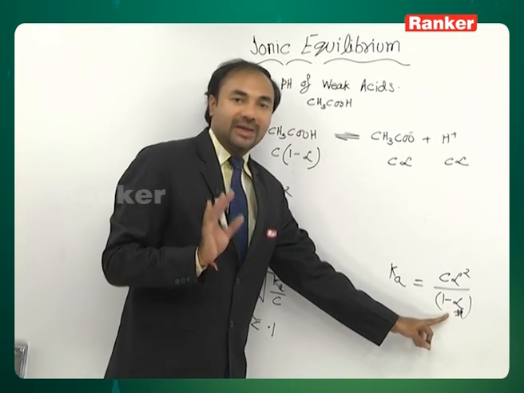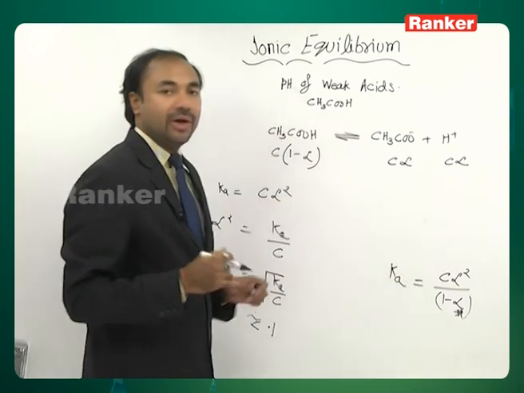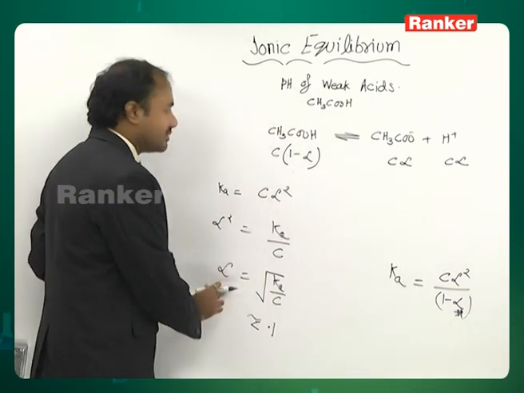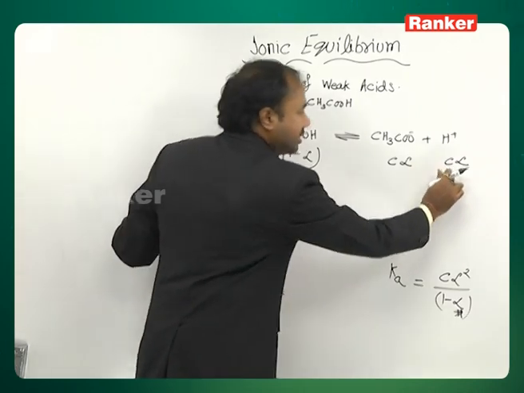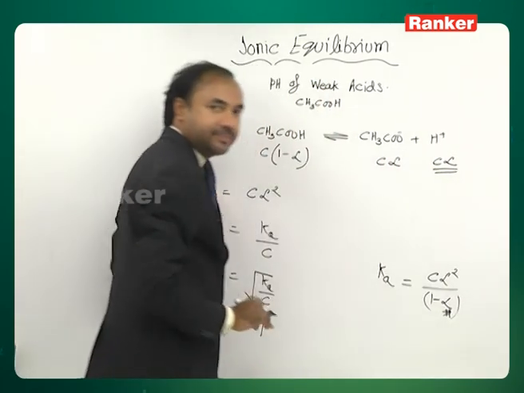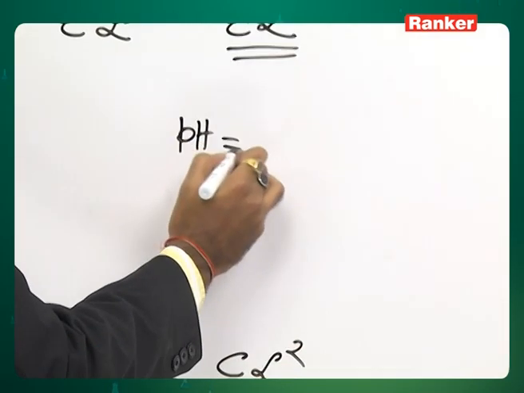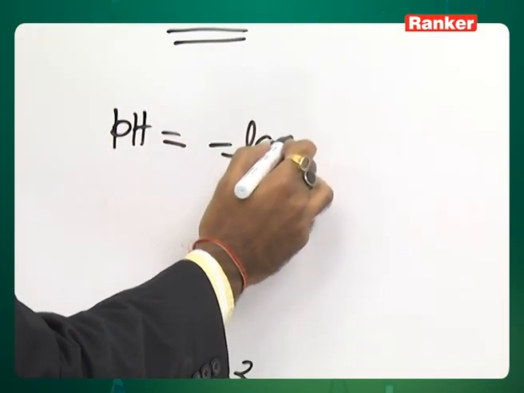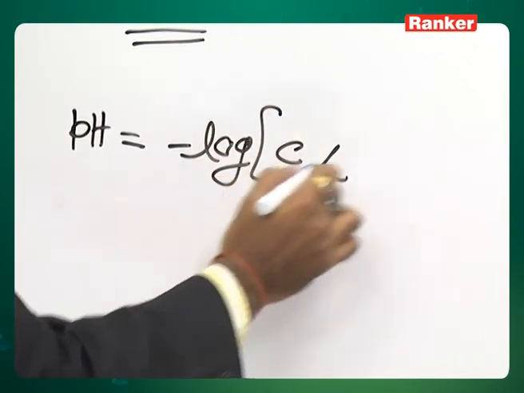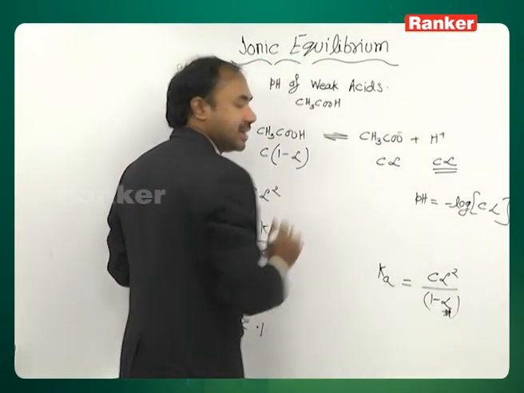If the approximation was valid, you should be very happy. What you have to do now is simply take this value of alpha and multiply with C, and you will get C alpha. To get pH, simply take minus log of C alpha. C alpha is the concentration of H plus ion.